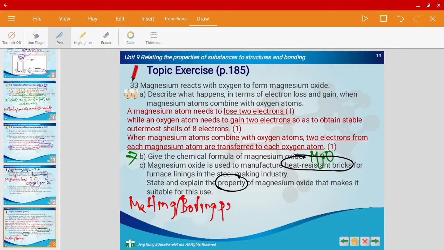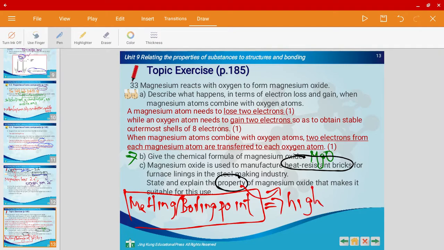So the question is asking, why is magnesium oxide suitable in this case? Why is it suitable for manufacturing heat-resistant bricks for furnace linings? And we need to relate it to the property of magnesium oxide. So let's look at the property that magnesium oxide has. Does it have a low or high boiling point? Yes, it has a high boiling point.